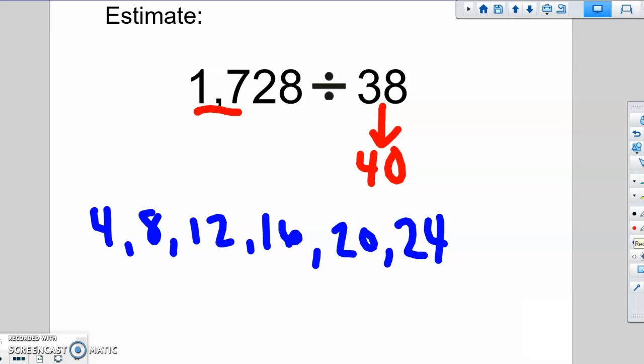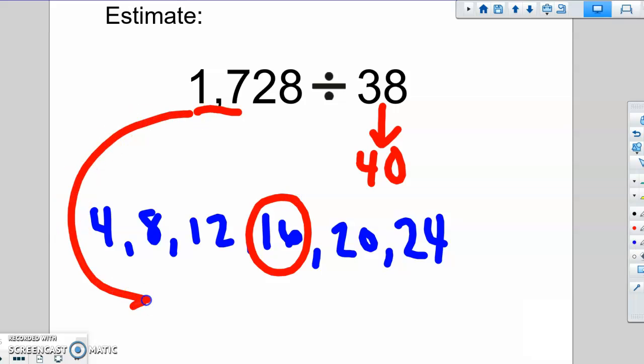And again, I'm going to think of which one of those multiples is closest to the underlined digits in the dividend. 16 is my closest. So now I'm going to take that 1 and 7 and replace it with my 16 to get 1,600 divided by 40.